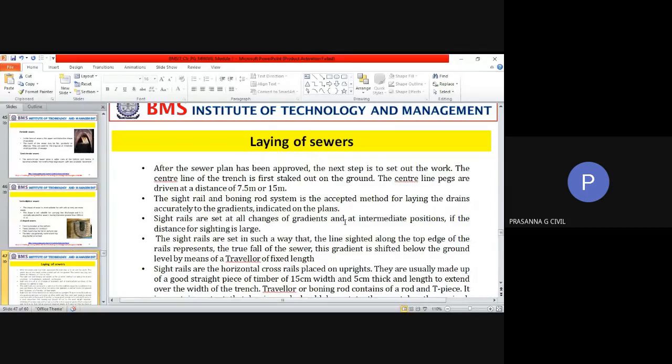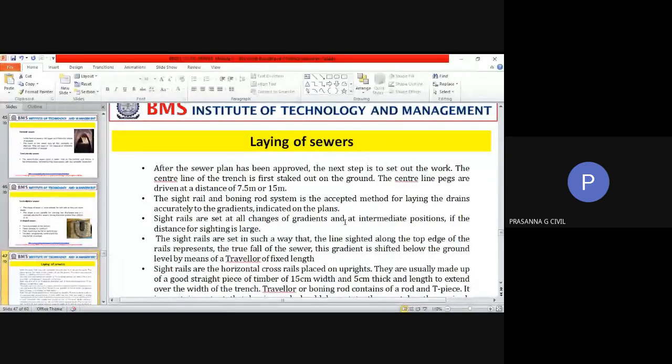So the gradient is decided. Every 10 meters or 20 meters, depending on the ground surface, they would know the exact location where the level of the invert should be. To help set that gradient properly, we have these cross rails, which are called site rails, put across the trench that we are digging.